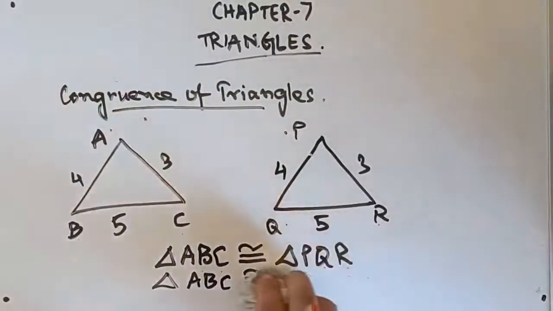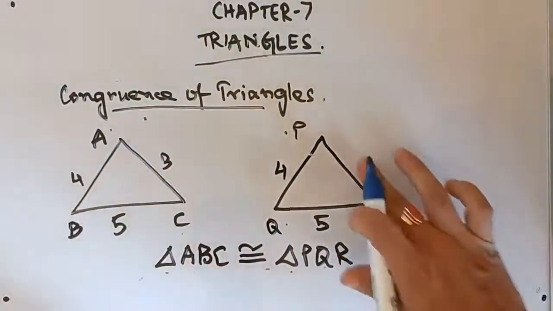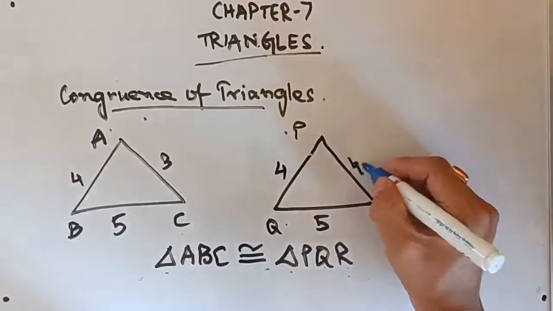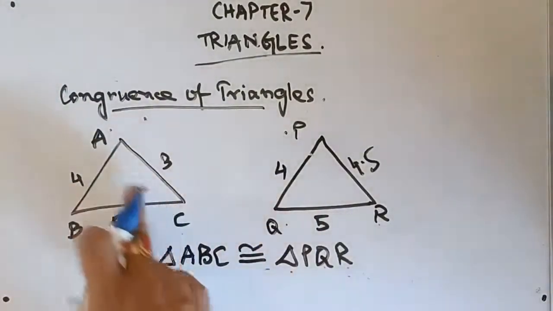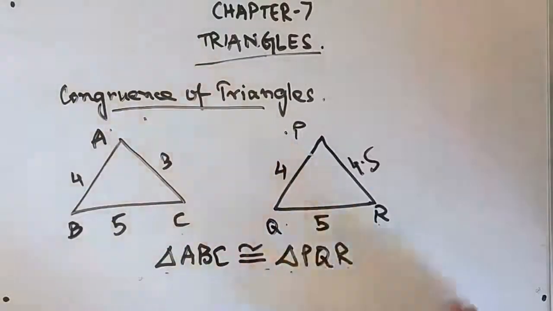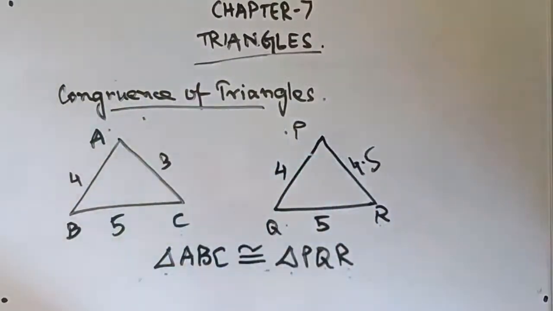Suppose in triangle PQR, PR is of length 4.5 centimeters, then we can say that these two triangles are not congruent, since length AC is different from length PR. So for two triangles to be congruent to each other, the triangles must be of the same shape and same size.